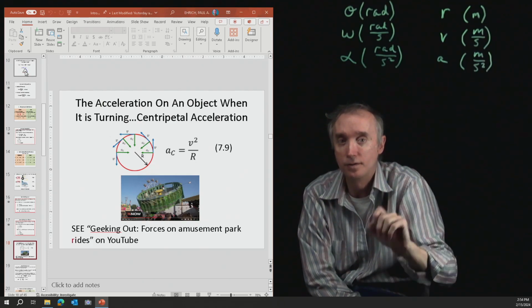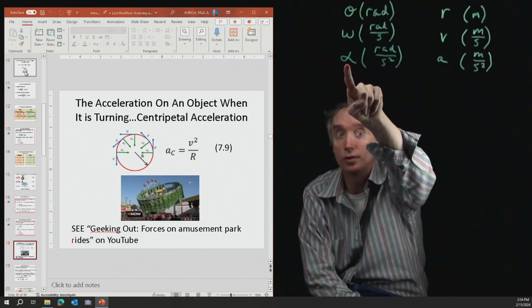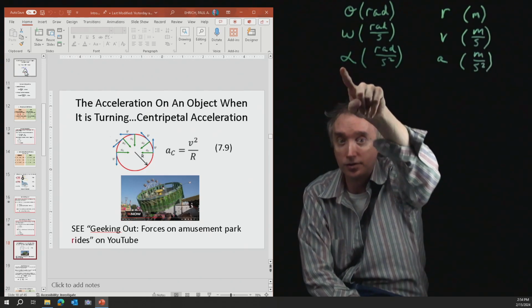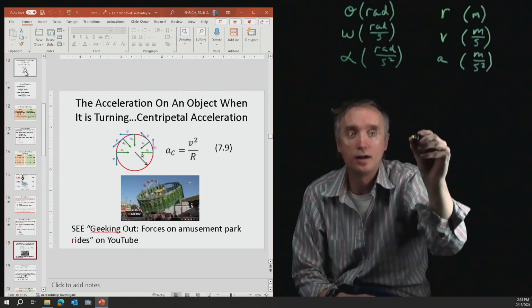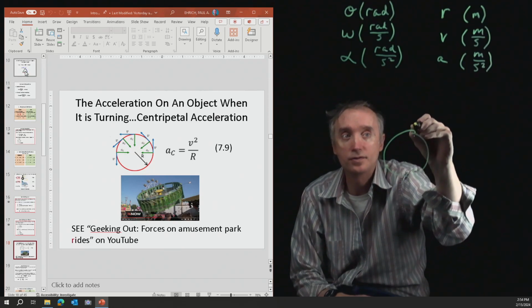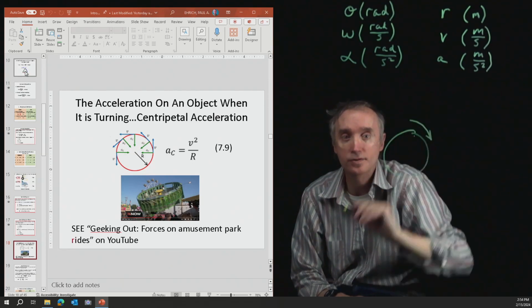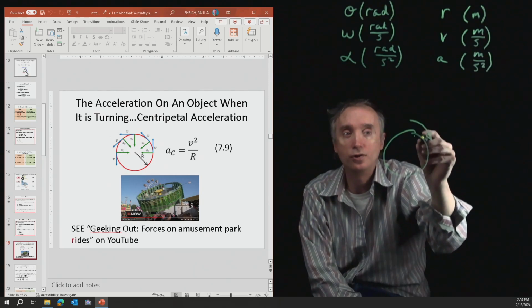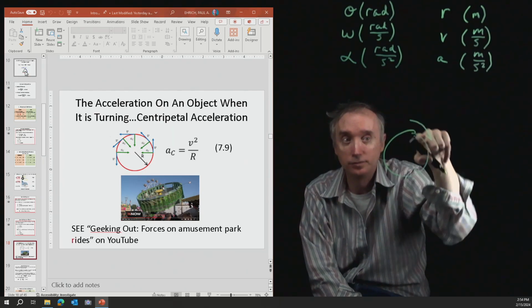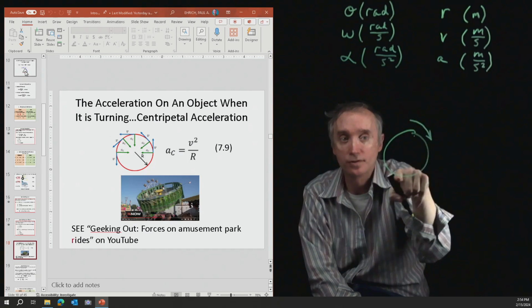It's not the same thing as rotational acceleration. If you've got a wheel that is rotating, it could be accelerating as it's going around in a circle.